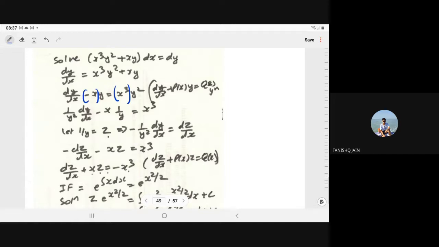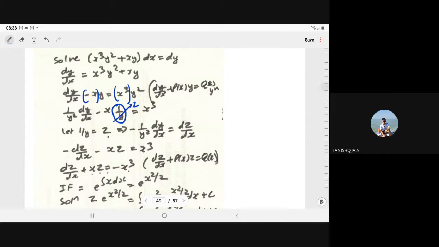So you divide the whole equation by y square. It will become 1 upon y square dy by dx minus x times 1 upon y is equal to x cube. Now you assume 1 upon y as z. So it will give you minus 1 upon y square dy by dx is equal to dz by dx.